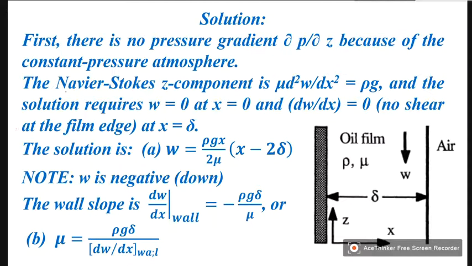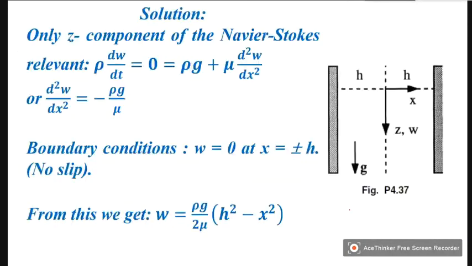Now, again, you can take only the Z component of the Navier-Stokes equation. If you just recall the previous example, here also you got the same thing.